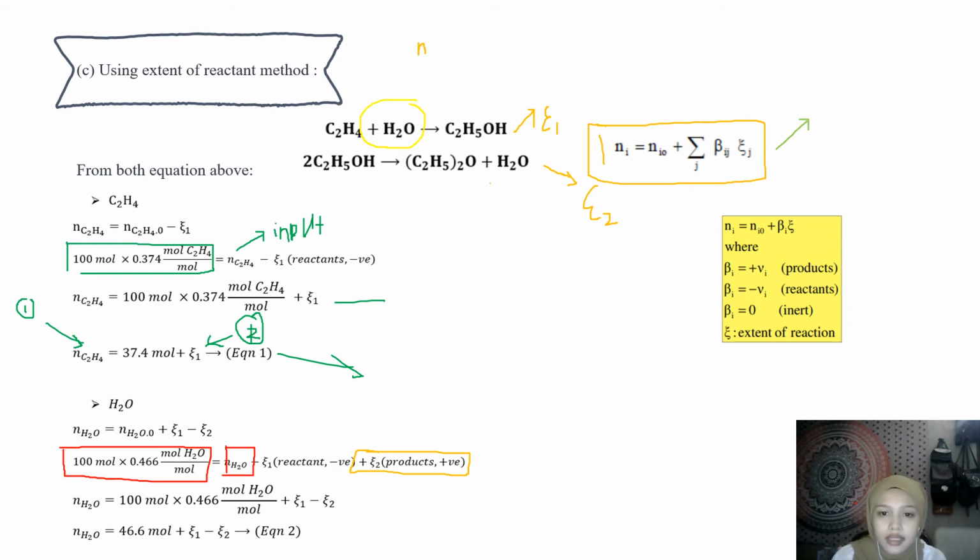So we consider it as plus, which is a positive value. So when we calculate it, we get the second equation which contains three variables: the number of mole of the water at the input side, the extent of reaction 1 and the extent of reaction 2.